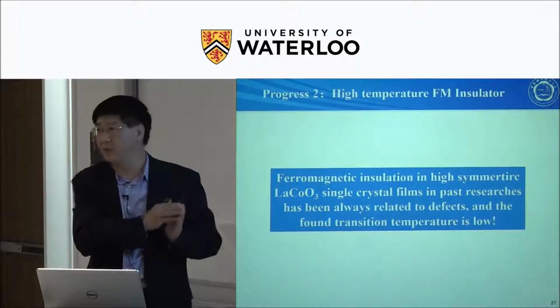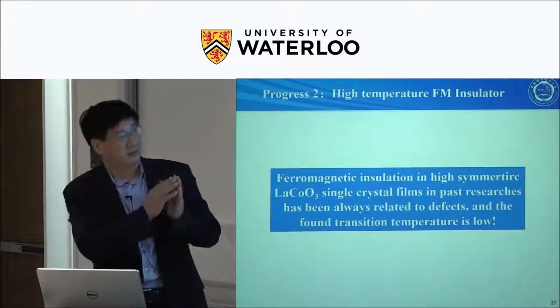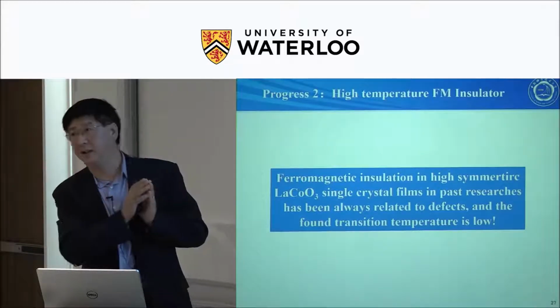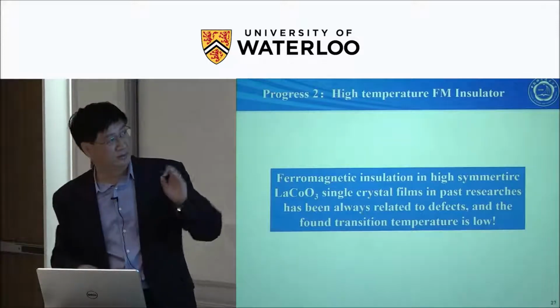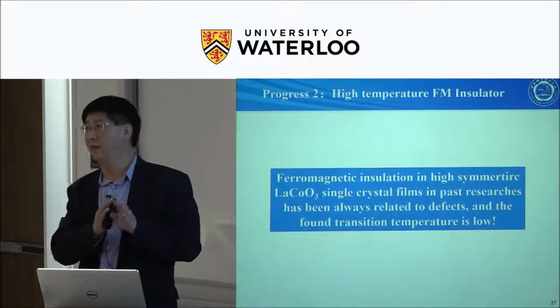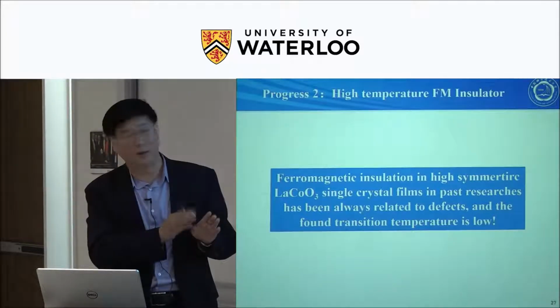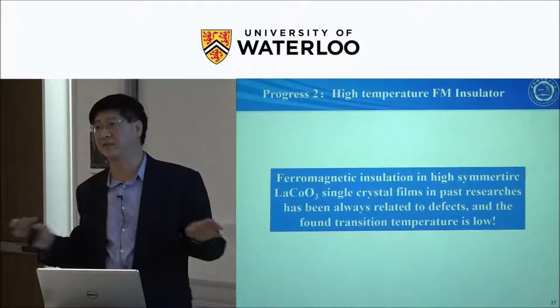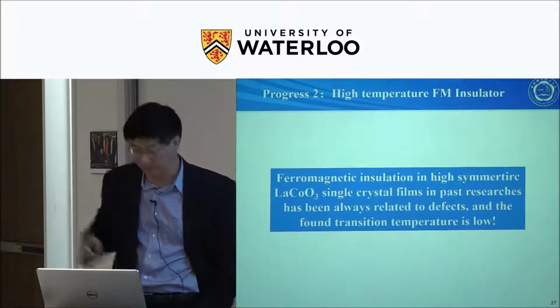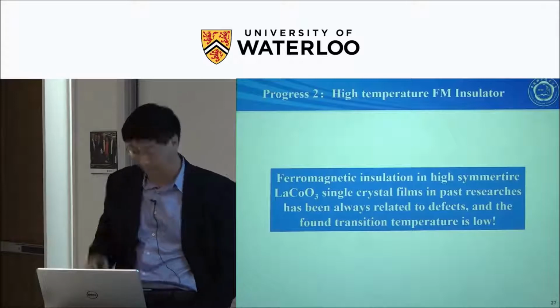This is highly symmetric, cubic, okay? So they have been thinking this is a good ferromagnetic insulator. And in all the papers, they said this FI effect is related to the defects inside. And then they find the transition temperature is really low, just like 10 K or something.